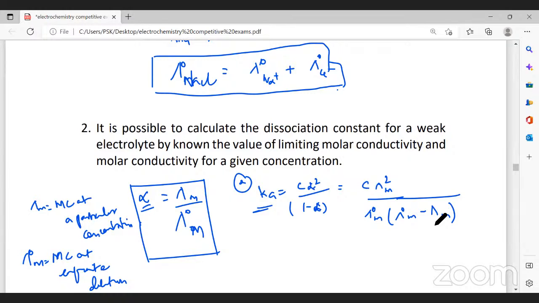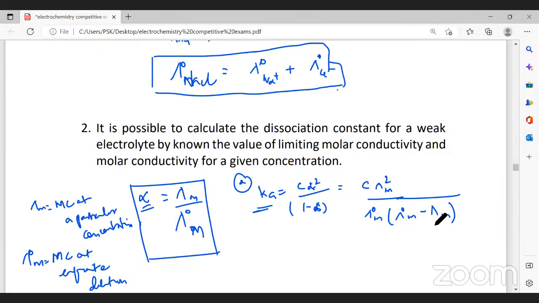Students, are you there? Sir, it's at infinite dilution, sir. What is lambda naught m?